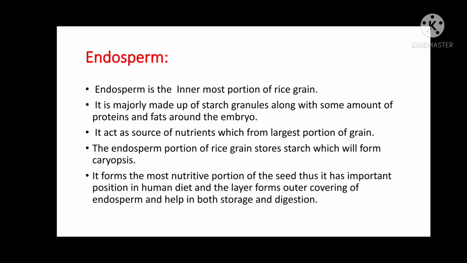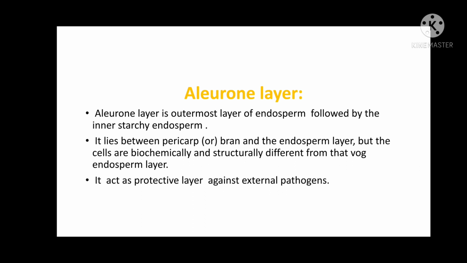The endosperm portion of the rice grain stores starches which will form the caryopsis, and it forms the most nutritive portion of the seed. Thus it has an important position in the human diet. A layer forms the outer covering of the endosperm and helps in both storage and digestion.